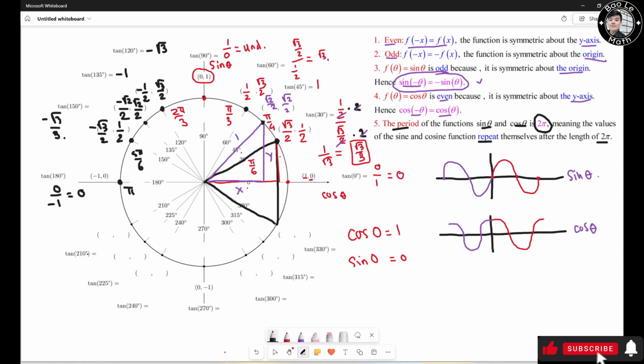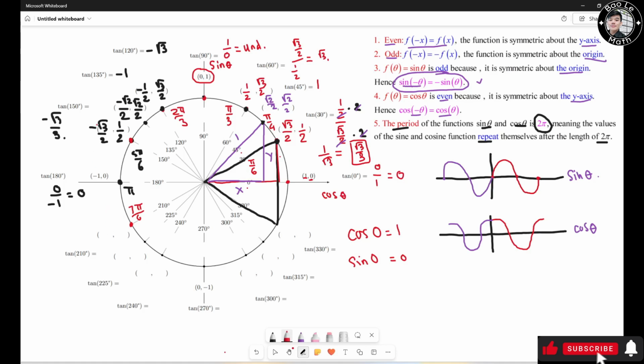Now tangent of 210 degrees. So this guy is actually 7 pi over 6, right? So I have 7 pi over 6 right here. Now this point right here is a reflection of these points over the x-axis, so they have the same x value, opposite y value, right?